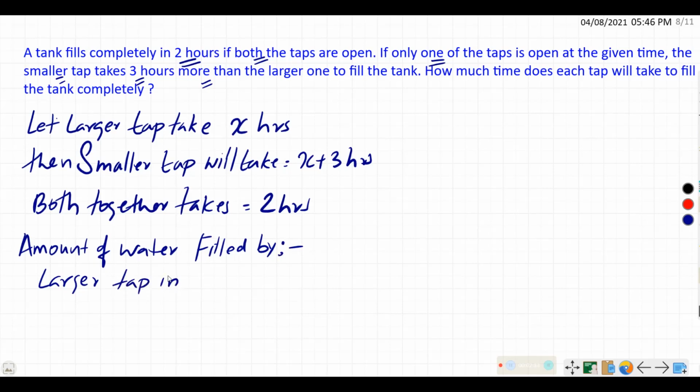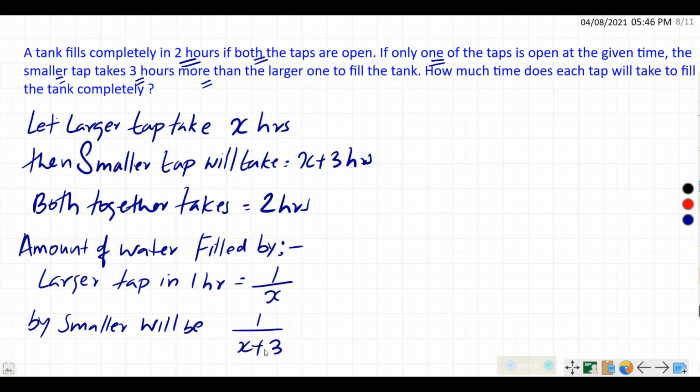So let me write that also. The larger tap can fill in 1 hour 1 upon X part of the tank. And the same, if you apply in the case of the smaller tap, in 1 hour it will fill up 1 upon X plus 3 part, correct? This is a basic idea we have.